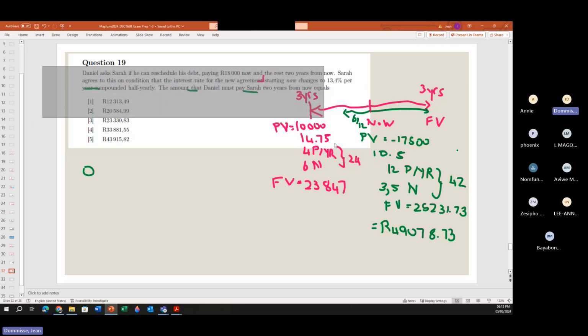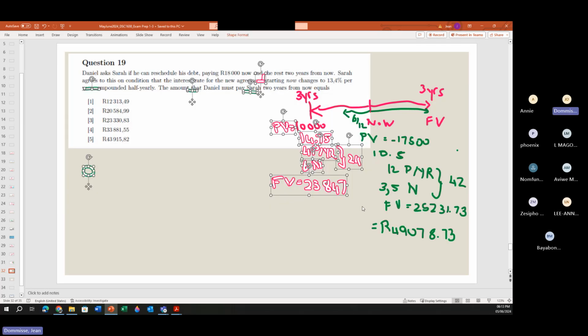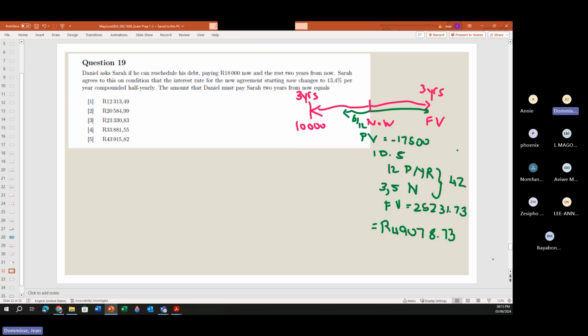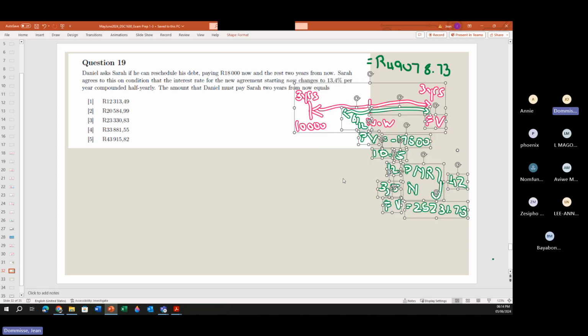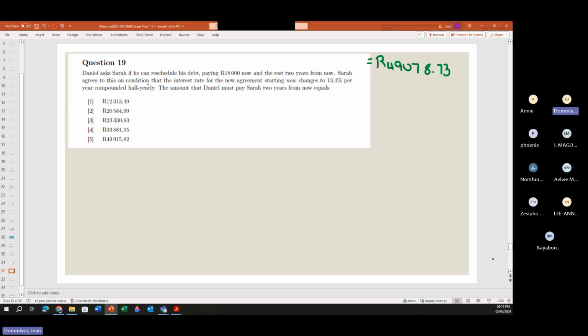So we're basically going to use this 49, that is just the piece that we're going to use, because now everything is going to change. So in this reschedule, basically what he is saying is, let's reschedule it, paying 18,000 now.